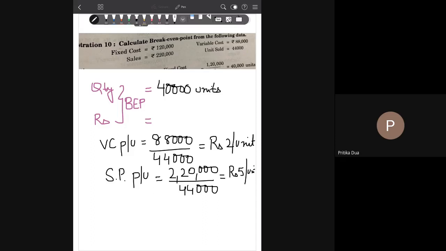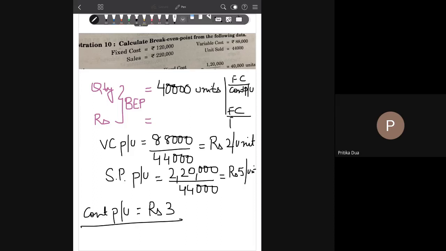Now look here also you have two options. First, contribution per unit will be rupees 3. Now to calculate the break-even point, you're given the fixed cost. This is fixed cost upon contribution per unit, and in rupees it is fixed cost upon PV ratio.